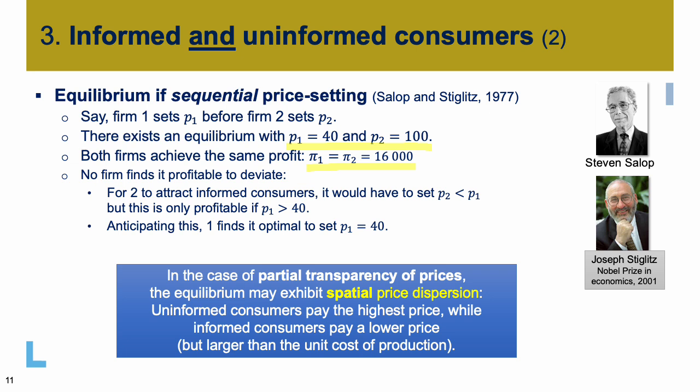And spatial because it appears at the same point in time. So if we think again of two firms located at different places, one firm has a low price while the other firm has a high price. Okay, and the firm with a low price is serving its own consumers, but also the informed consumers, while the firm with a high price is only selling to its own captive consumers.